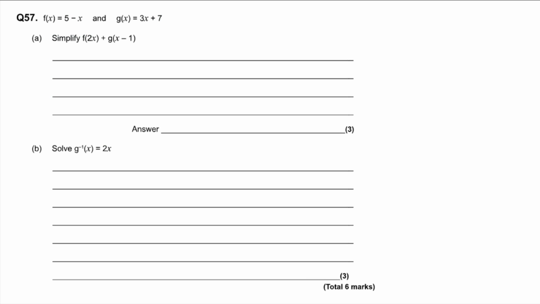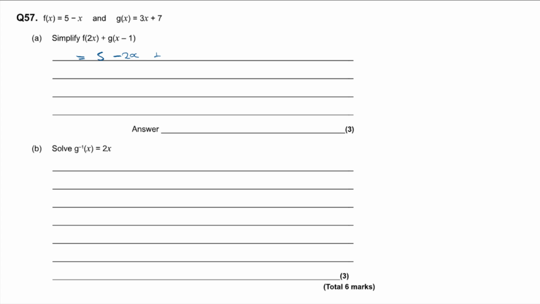Question 57, f of x is 5 minus x and g of x is 3x plus 7. Simplify f of 2x plus g of x minus 1. So f of 2x means take 2x and put it in the function where the x is. So that is going to be equal to 5 minus 2x.